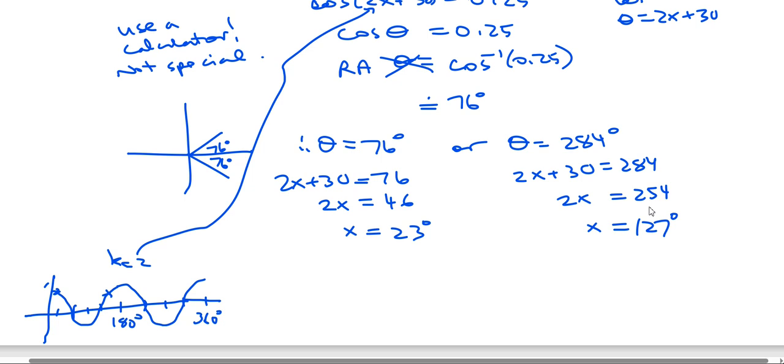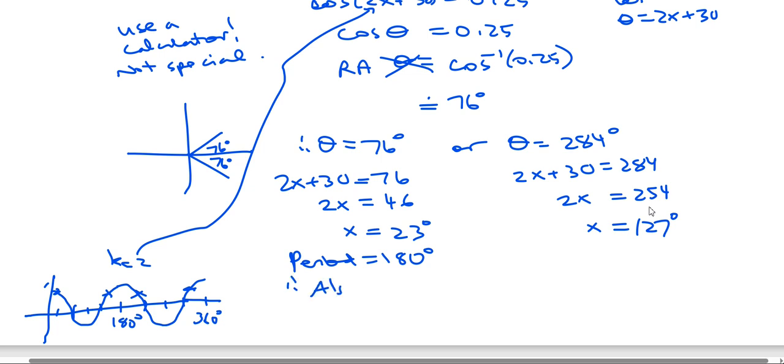And then in the rest of it, it will be 180 degrees later, you get the same values again. So period is equal to 180 degrees.